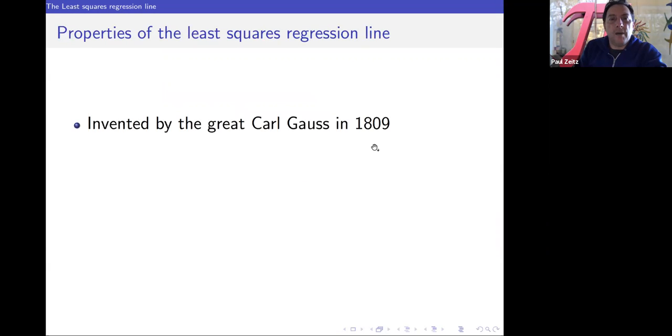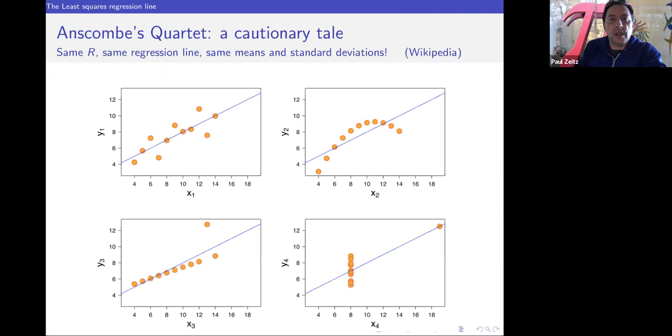Okay. And so now we're going to end with cautionary tales and some loose ends. First, the cautionary tale, which is a famous sequence of 4 scatter plots. They're very simple. They each have 11 dots in them.